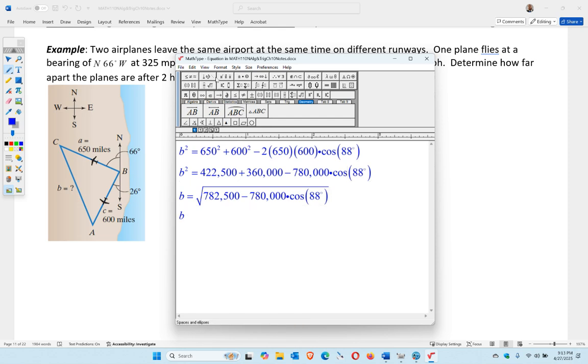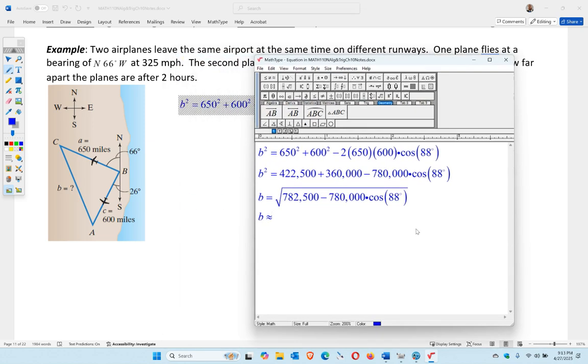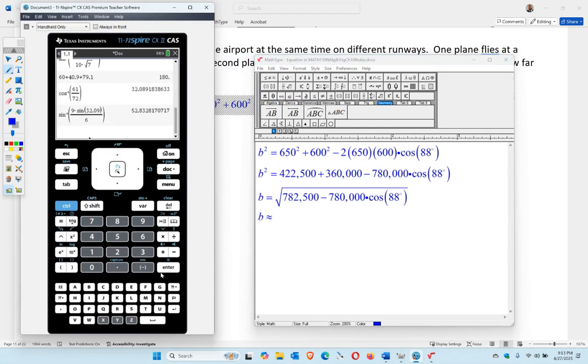So B is approximately, what is this here? Go to our calculator. Square root of 782,500 minus 780,000 times the cosine of 88. Gotta make sure it's in agreement. I would simplify down as far as possible.